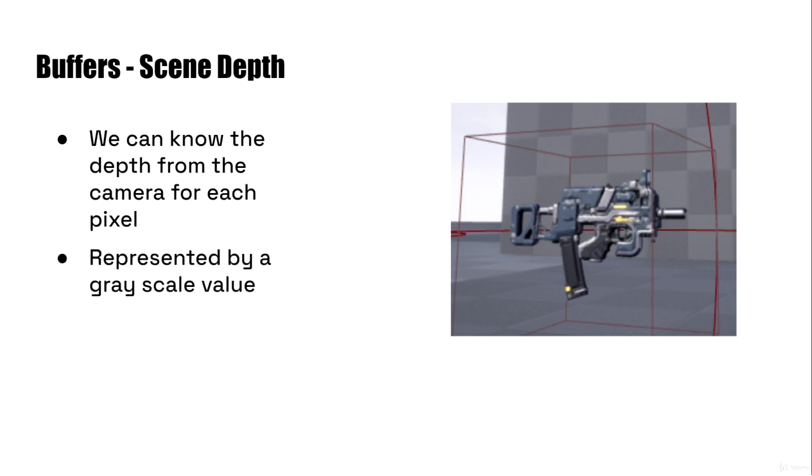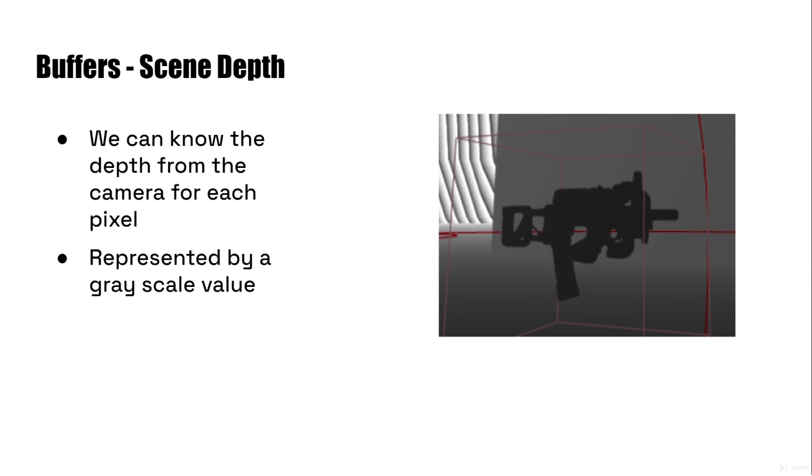This distance is represented by a grayscale value when visualizing the Scene Depth buffer. The Scene Depth buffer looks like a grayscale image where each pixel is brighter or darker depending on that object's distance from the camera. When looking at the Scene Depth buffer, a pixel on a gun is going to be darker than a pixel on the wall behind it.